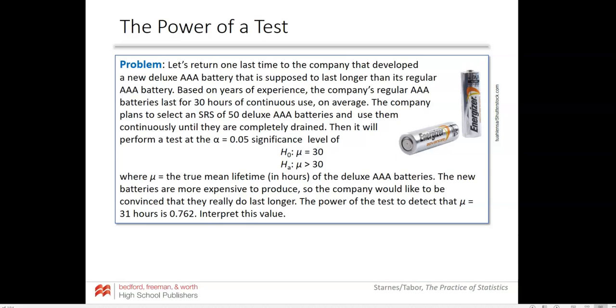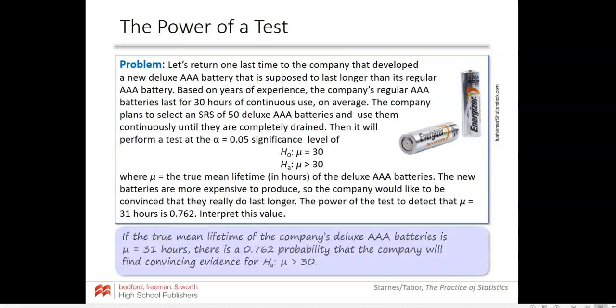Interpret this value. So the power of the test is when you correctly reject the null, right? So the probability that the alternate is true is 0.762. So if the true mean lifetime of the battery is 31 hours, do you see we're saying the alternate is true there? So the null is 30 hours.